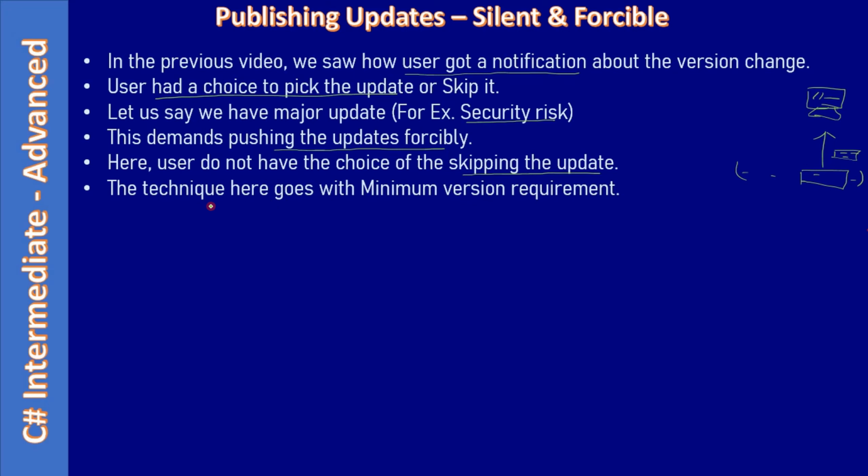The technique here goes with minimum version requirement. The publisher will choose the minimum version and push that version silently to all the client boxes. So here we will create a new version 2.1.0. Previously we used 1.3, right? Now we will go with 2.1.0 and push that update to the client boxes.